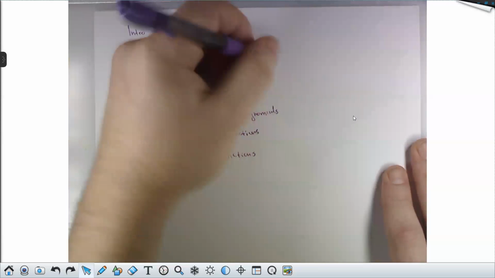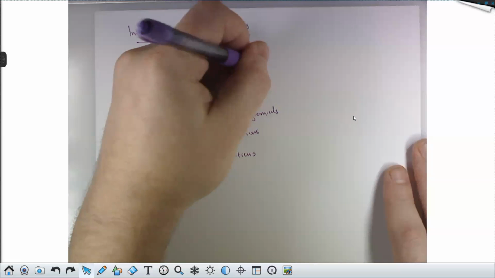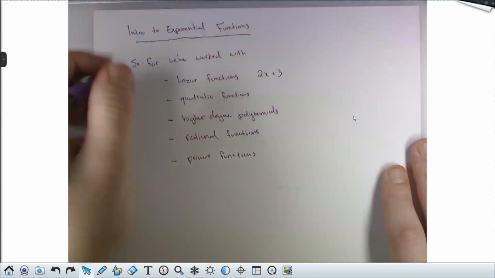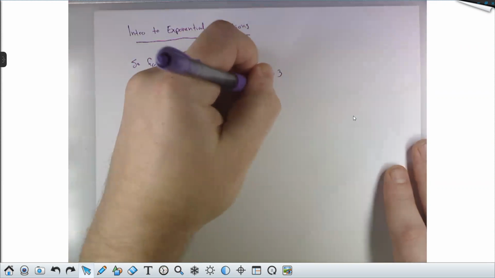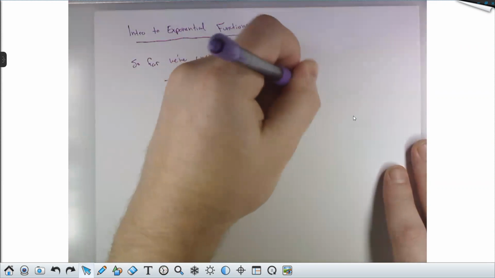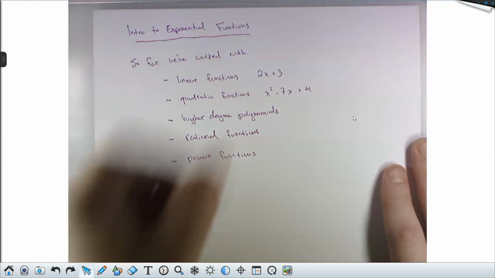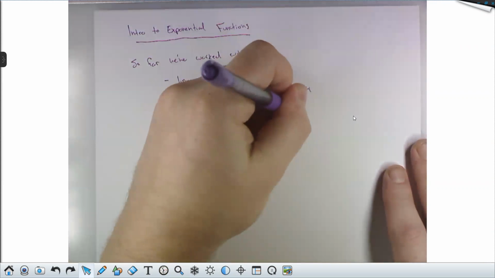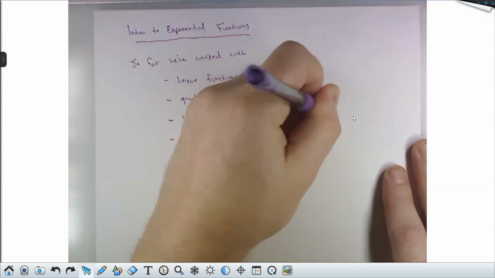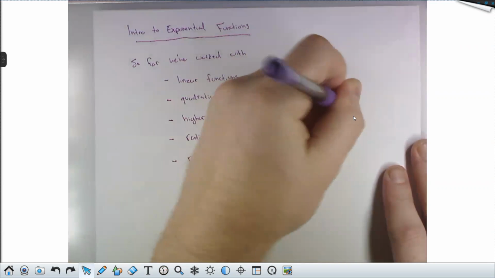Some examples of each of these: a linear function is like 2x plus 3. A quadratic function is like x squared minus 7x plus 4. Higher degree polynomials can be something like 3x to the 4 minus 7x plus 12.